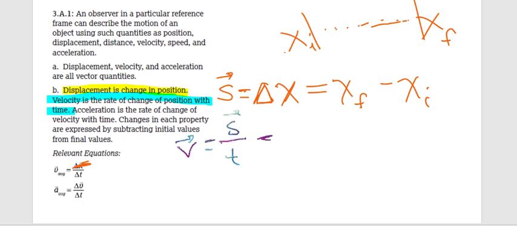Another way to write this that you might see, and it might be more useful as we go on, is delta, change in position, over change in time. As you get more advanced in math, if you see the words rate of change, like in a pre-cal class or calculus class, it's usually change in something over change in time.